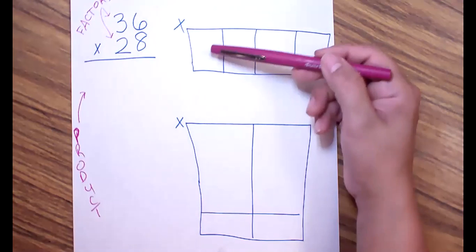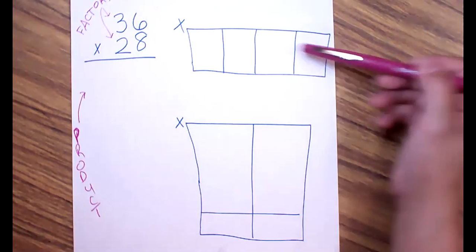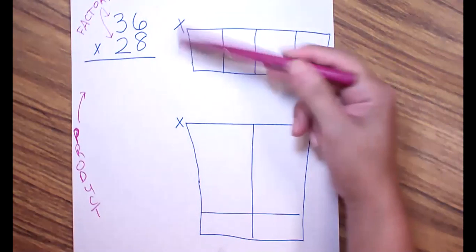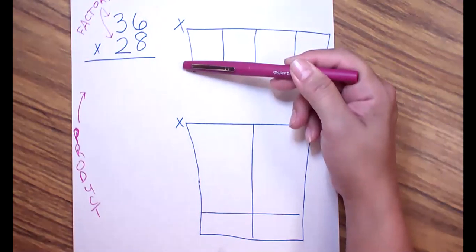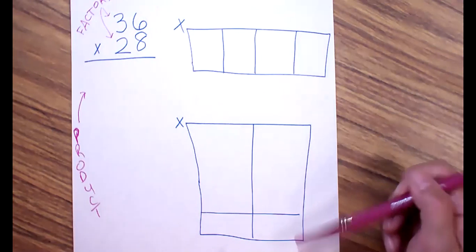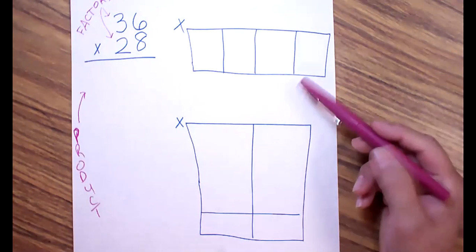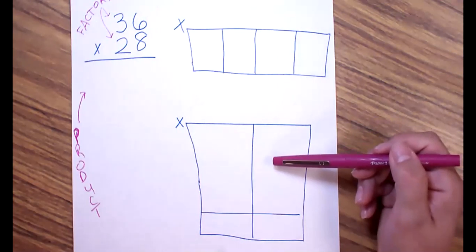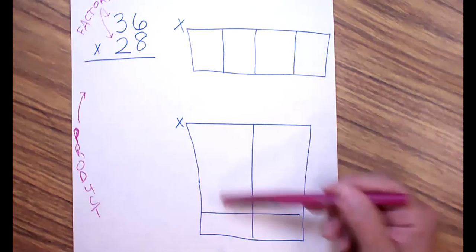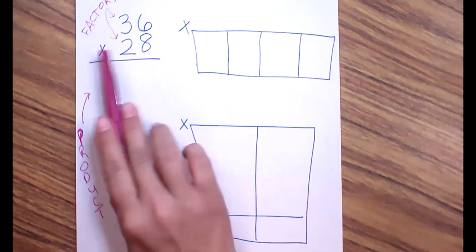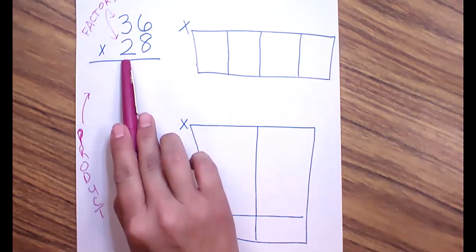Would I use the area model that has spaces for ones, tens, hundreds, thousands, and multiply by a number that has a digit in the ones? Would I use an area model that has space for place value numbers that have digits in the ones and tens? What do you think? Which one would you use for this multiplication problem?